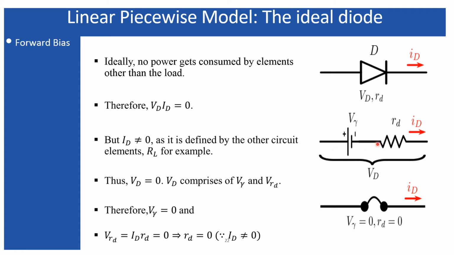Equivalently, we can say that when a diode is in forward bias, ideally we can replace a forward bias diode by a short circuit across it. And that confirms that the diode is not consuming any power, as V gamma is equal to 0 and RD is equal to 0. As I told, an ideal forward bias diode can be replaced by a short circuit.